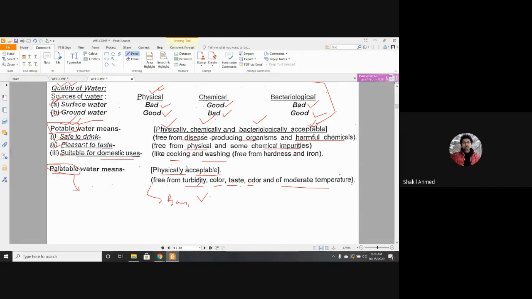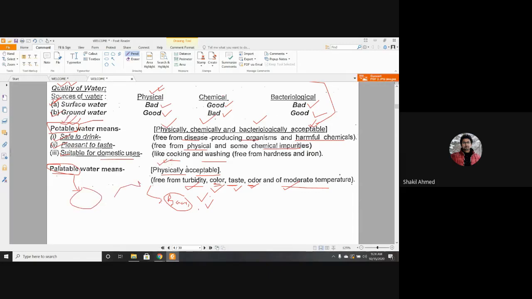Turbidity means suspended particles. There is no extra color. Crystal clear. Taste is good. No odor. Moderate temperature. Even after meeting all these criteria, there may be bacteria and virus present in the water, right? So palatable means looks good, physically acceptable, but may not be safe to drink.